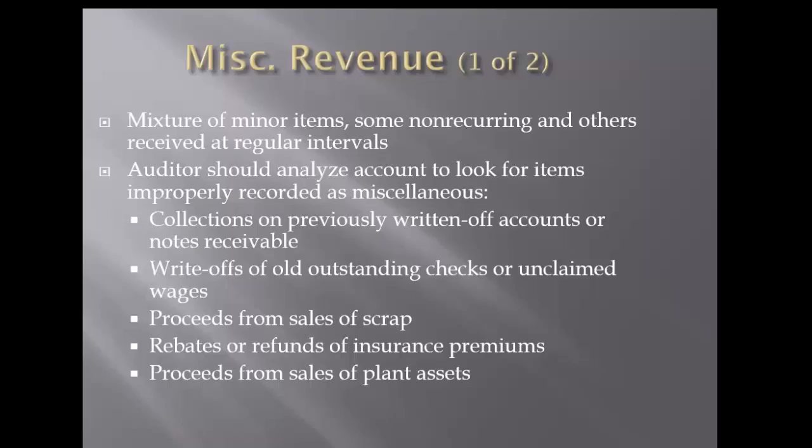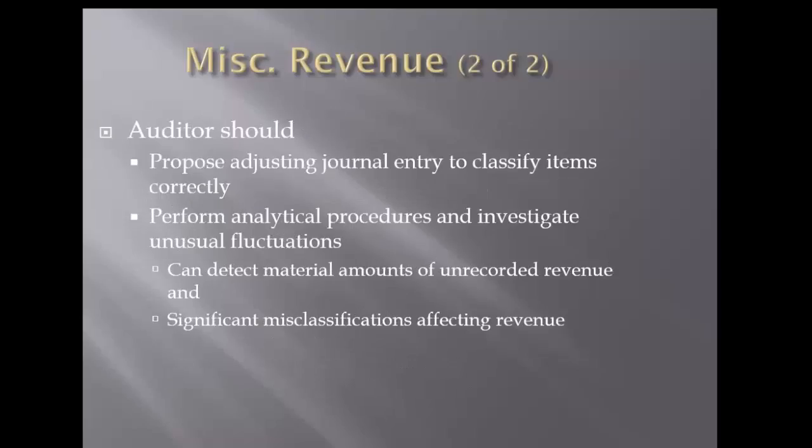We should consider the write-offs of old outstanding checks or unclaimed wages. Proceeds from sales of scrap. Rebates or refunds from insurance premiums, as well as proceeds from sales of plant and equipment. We are considering any adjusting entries.